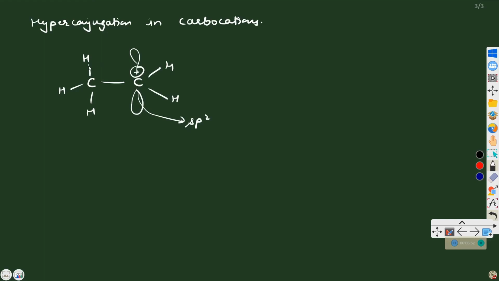When this is aligned with the carbon hydrogen sigma bond orbital, these electrons are shifted, and the alpha carbon sigma electrons will take part in the formation of a pi bond with this, and the hydrogen ion remains attracted towards this pi electron cloud and will not leave the molecule. Here also there are 3 alpha hydrogens, so there are a total of 3 hyperconjugating structures.